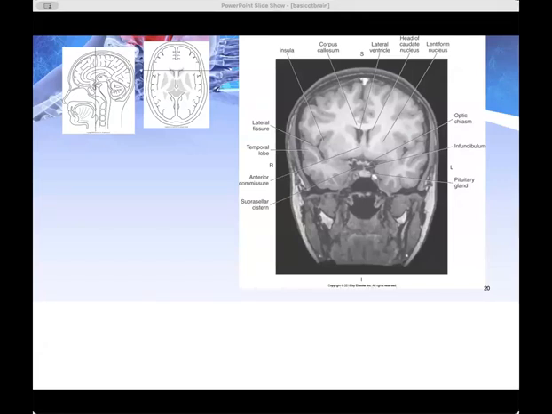The protected location of this gland suggests its importance. It is sometimes called the master gland because it controls and regulates the functions of many other glands through the action of its 6 major types of hormones. The hypothalamus sends signals to the pituitary gland to stimulate or inhibit hormone production.